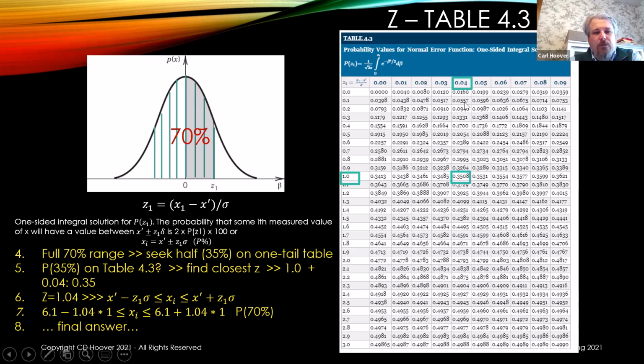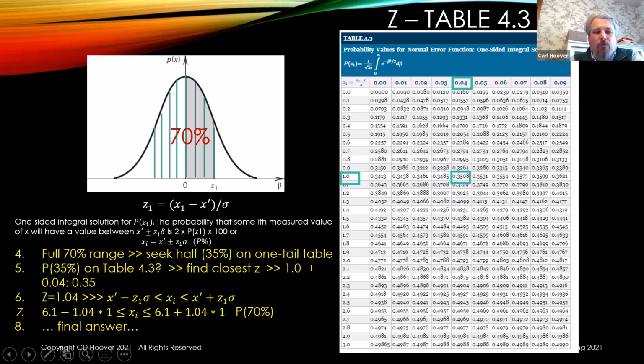So half of 70% is 35%. And if we just look up on the Z table, we see that the closest value is 0.3508, and that corresponds with a Z of 1.04.